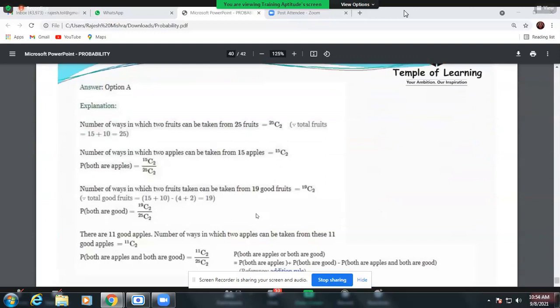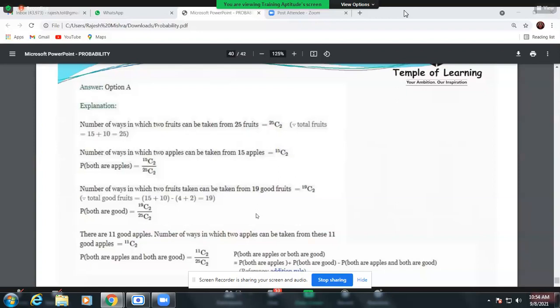So the total number of ways in which I can pick 2 fruits out of 25 is 25C2. This should not have been a challenge. Second is number of ways in which I can pick 2 apples from 15 is 15C2.